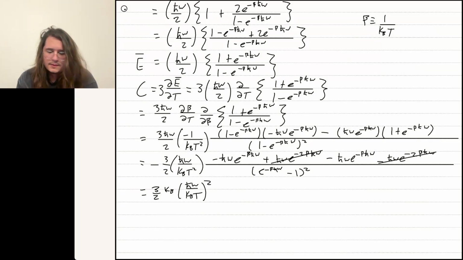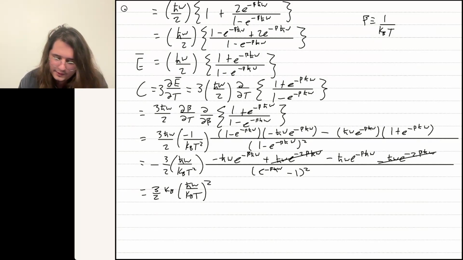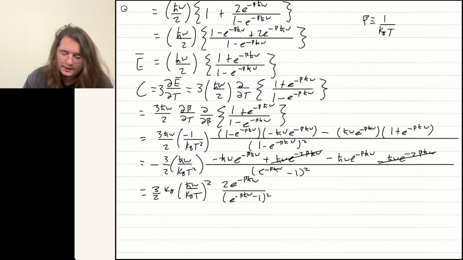See what I did? So that we have just 2 e to the minus beta h bar omega, those terms add up, all over e to the minus beta h bar omega minus 1 squared. This 2 cancels out this 2.